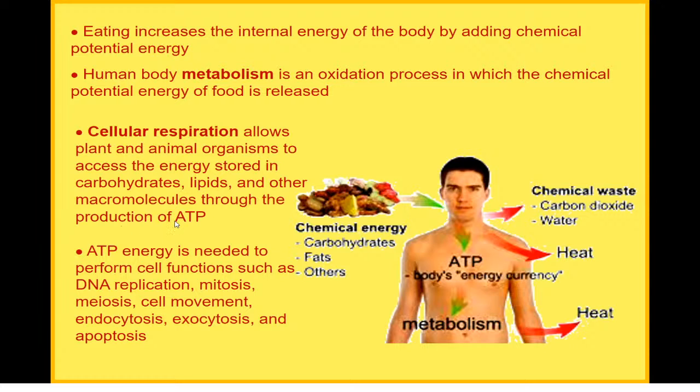This is the chemical energy of the ATP molecules, those macromolecules. ATP energy is needed to perform cell functions. And this is just the store of the energy in the human body that is delivered to the structures to support their functions.